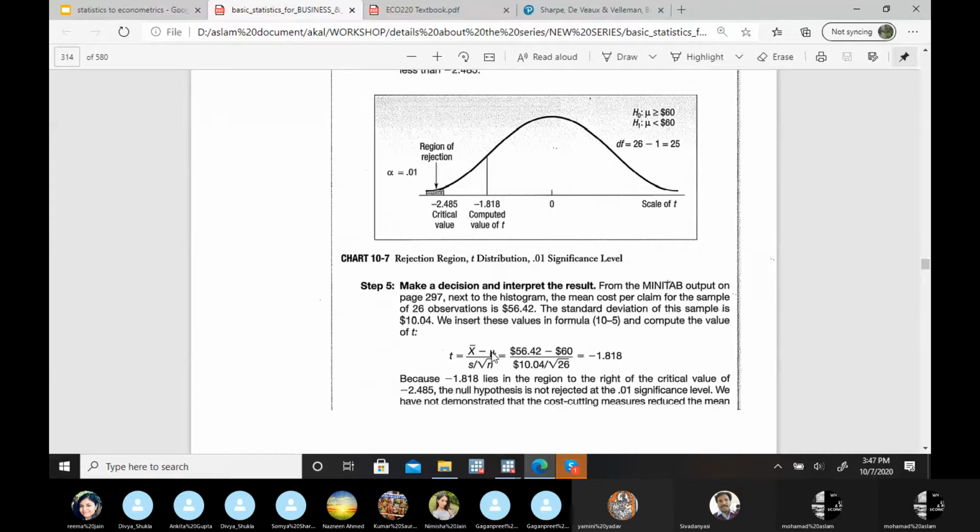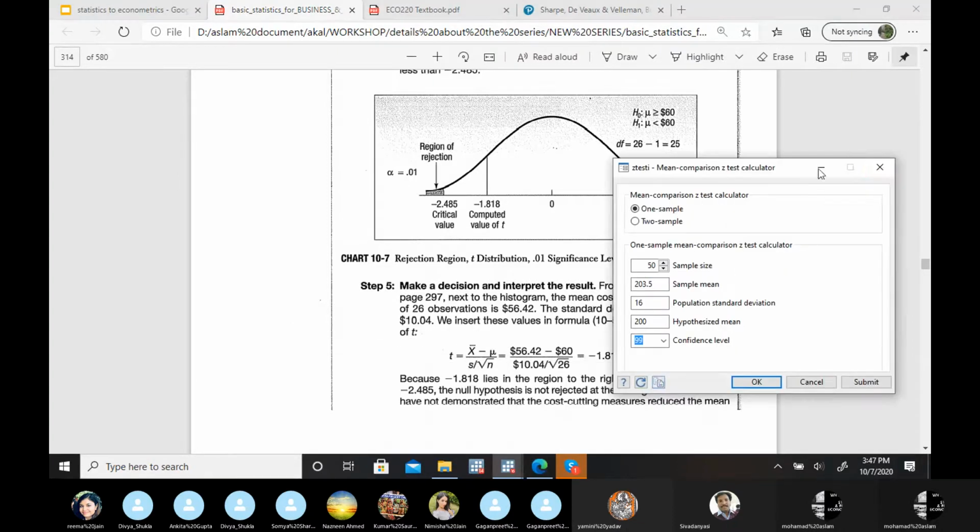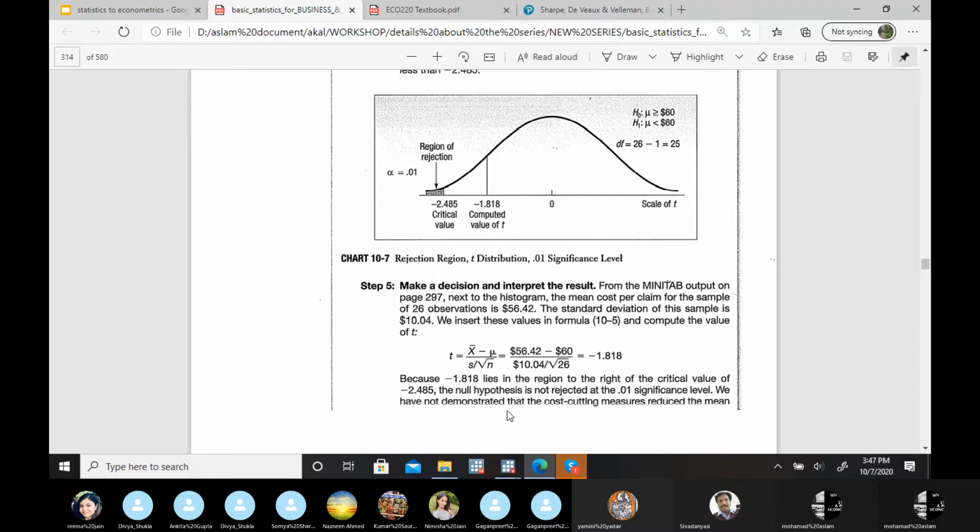Sample mean, population parameter, sample standard deviation, and degree of freedom. In place of the z-test, we are using the t-test because, one, the sample size is less than 30 in this case, and second, the population standard deviation is not known. So it's better to use the t-test.